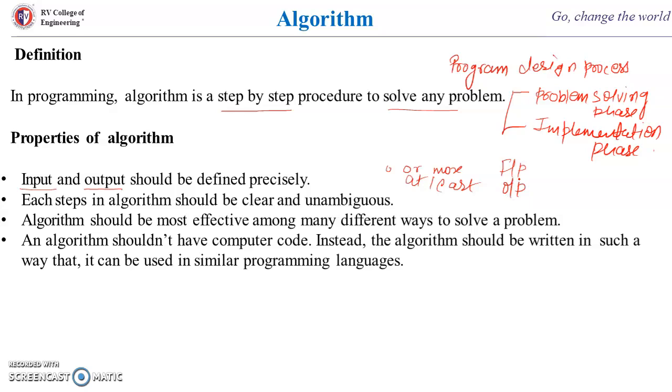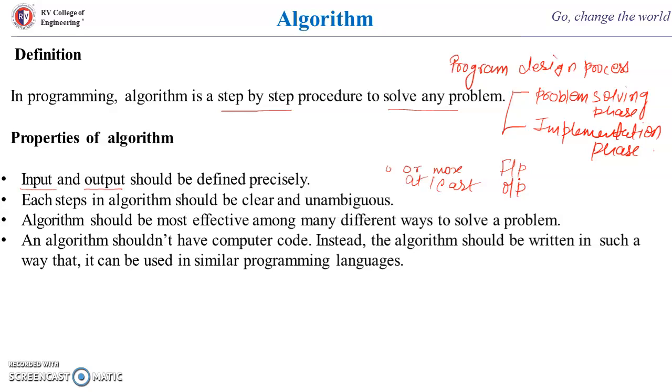So 0 or more input means if I say I just want to write an algorithm to print hello world, then there we will be just printing the message, we won't be giving any input from the user. But when we say we want to write an algorithm for addition of two number, and those two numbers should be given by the user, so there the input will be any two number. So input can be 0 or more, but at least one output we should have for any algorithm.